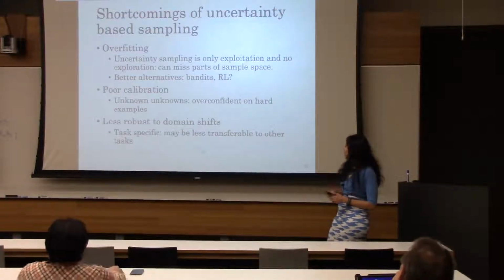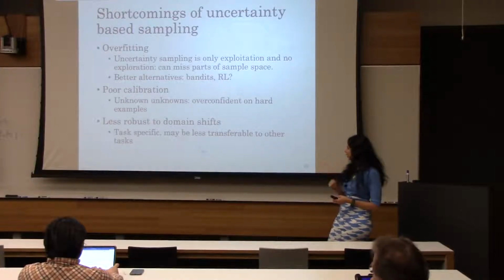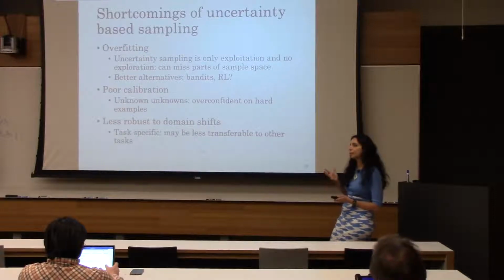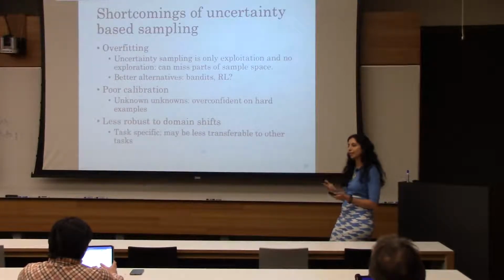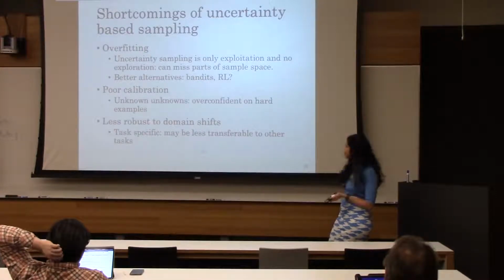And there are still a few other issues related to this. So far, why is this overfitting happening? We said if you try to transfer over tasks, it's going to give pretty bad performance.